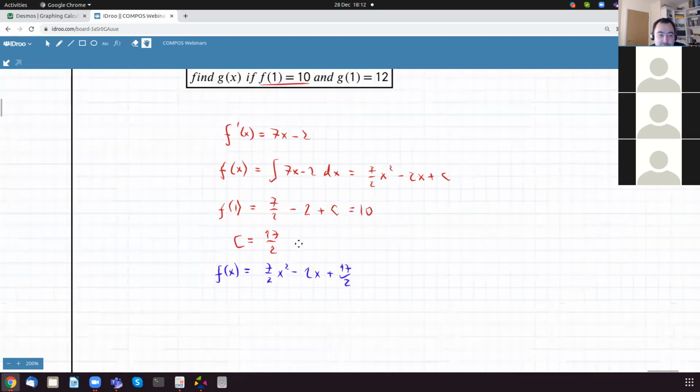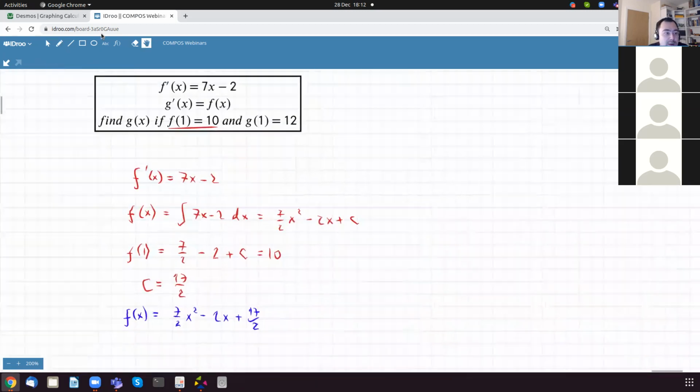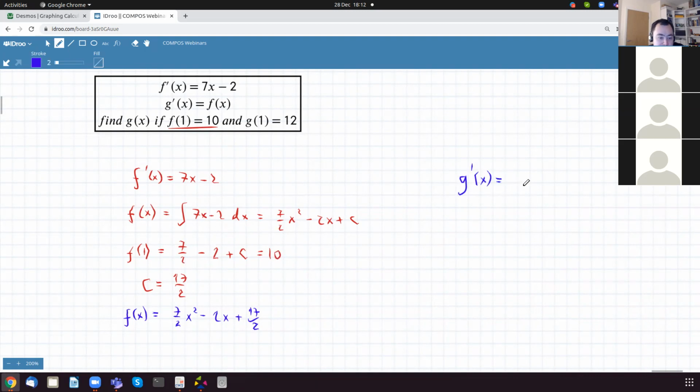Now we need to find g of x. They told us that g prime of x is in fact f of x, so it's that thing that we just found: 7 over 2 x squared minus 2x plus 17 over 2.